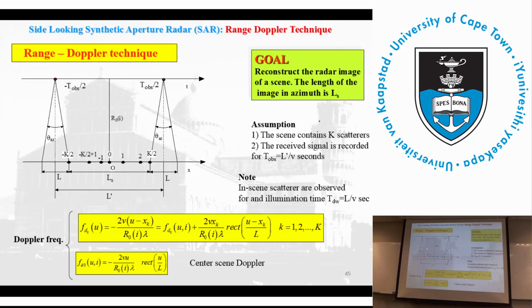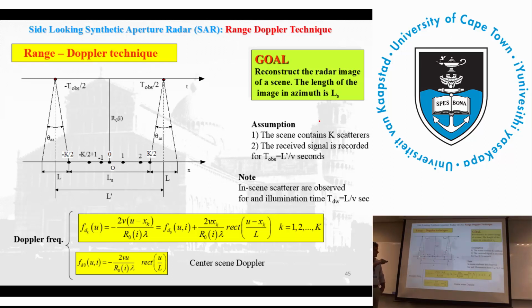And the amount of time they're illuminated for, let's call it T, is the time it takes for the platform to move from this point all the way up here, so that this point here is not illuminated any longer after. So all these points are illuminated for exactly the same time.